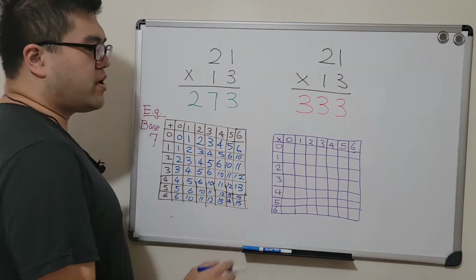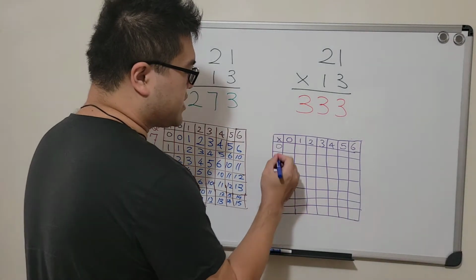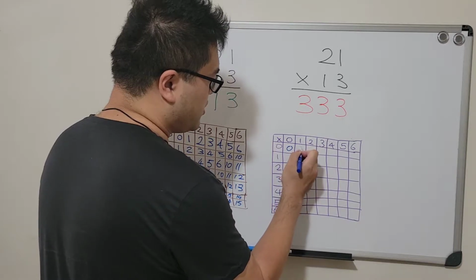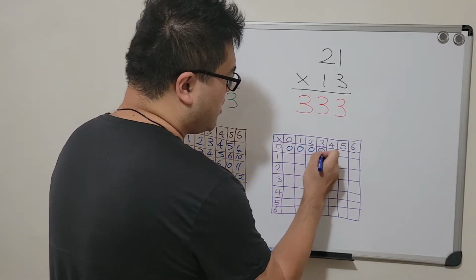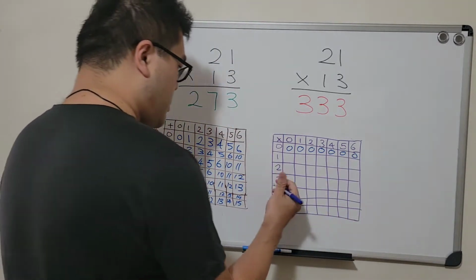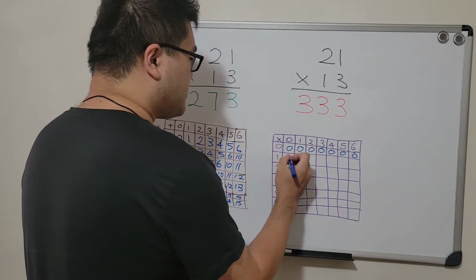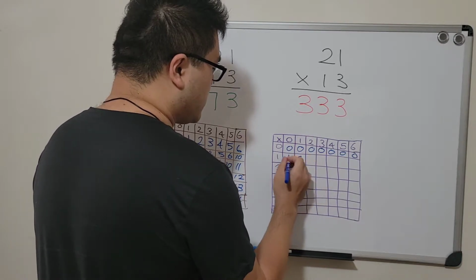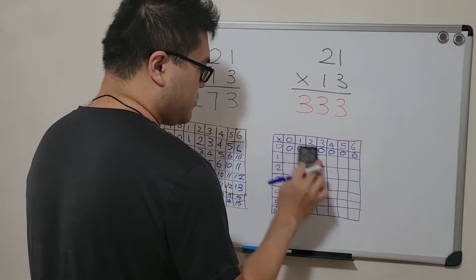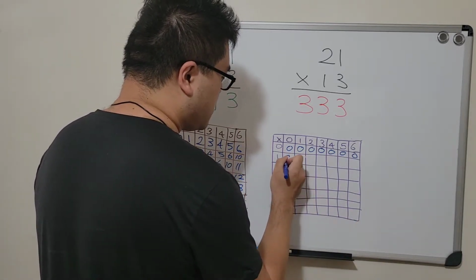So, for example, we're using base 7 again. This time, we'll figure out the multiplication table for base 7. So 0 times 0 is 0, 0 times 1 is still 0, and 0 times any number is still 0. Excellent. Now, 1 times any number is still the number itself. Okay, this is not addition, this is multiplication.